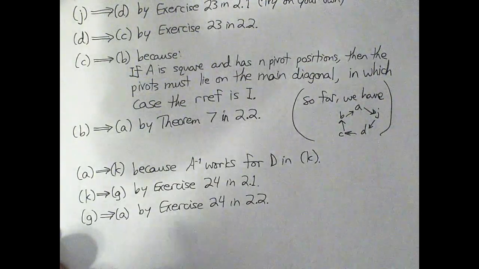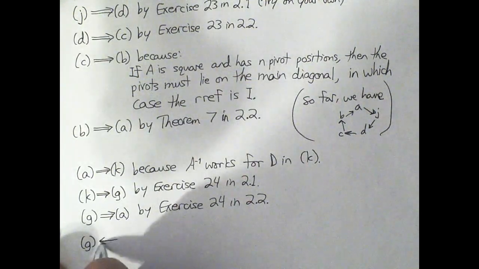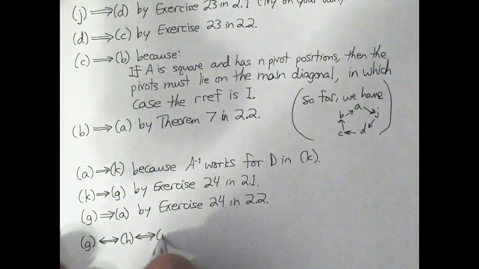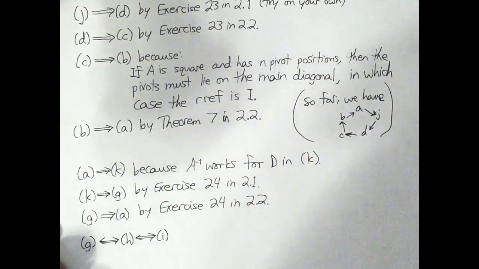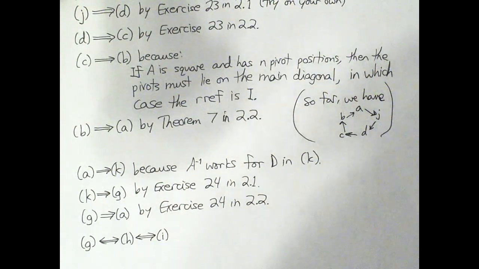Next, I'm going to connect the G if and only if H if and only if I. Let's do all of these together. Let's take a look at what they say. G says the equation AX equals B has at least one solution for each B in Rn. H says the columns of A span Rn.